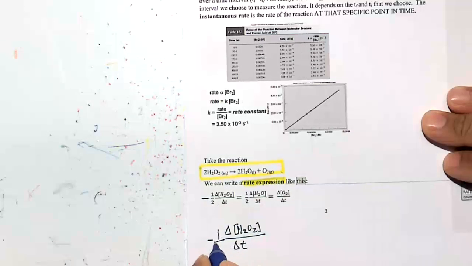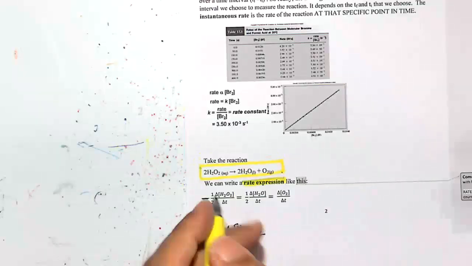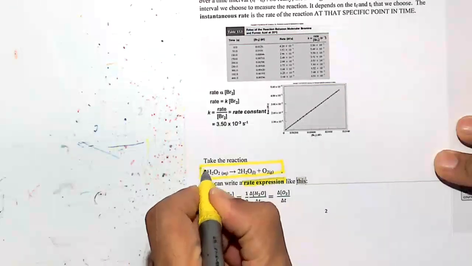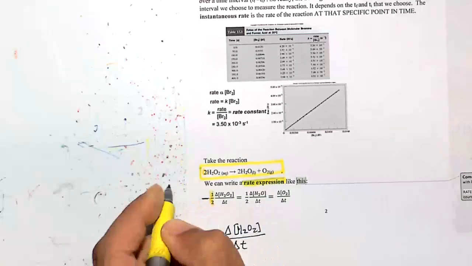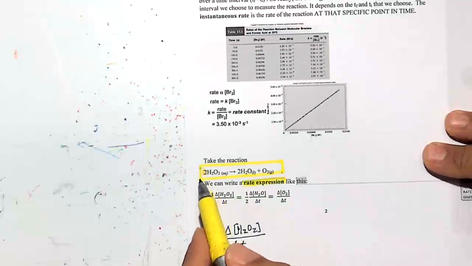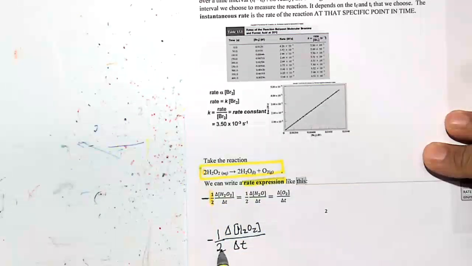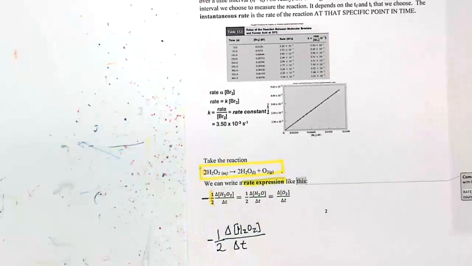Why is there a minus 1/2 here? Because of the stoichiometry. Because it's a 2-to-2 ratio, the disappearance of H2O2 will equal the appearance of H2O.